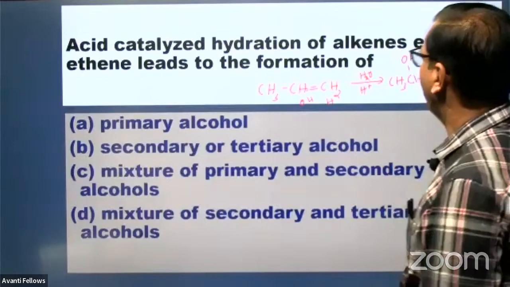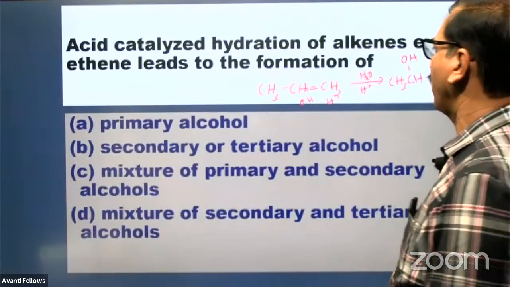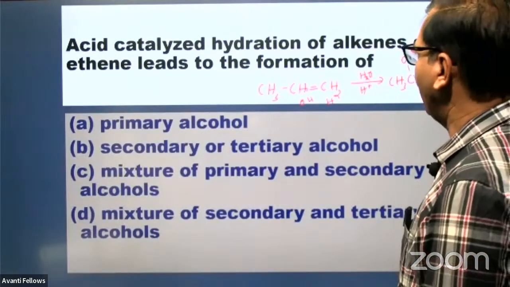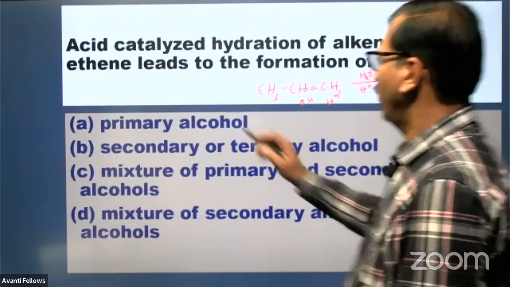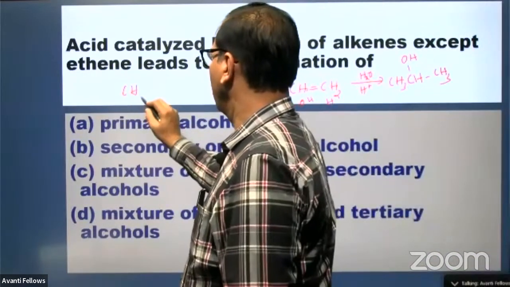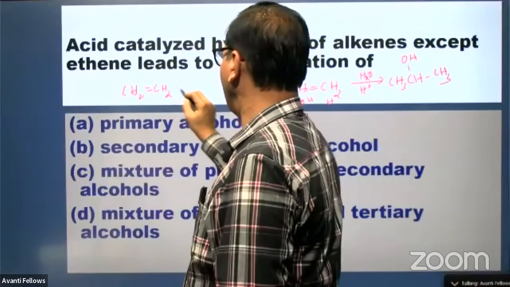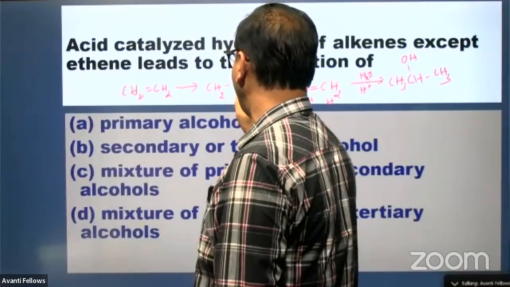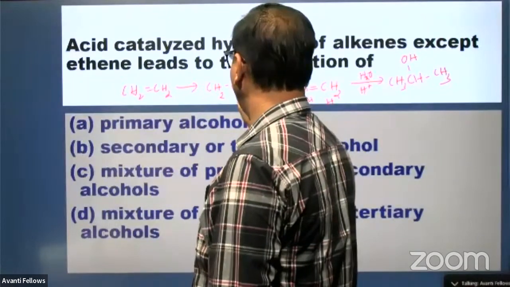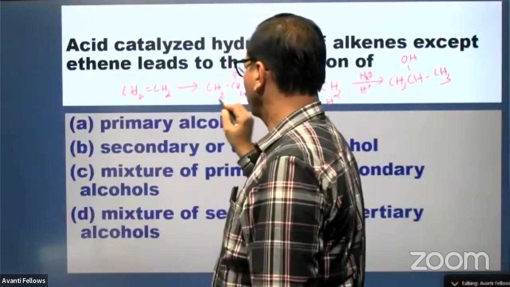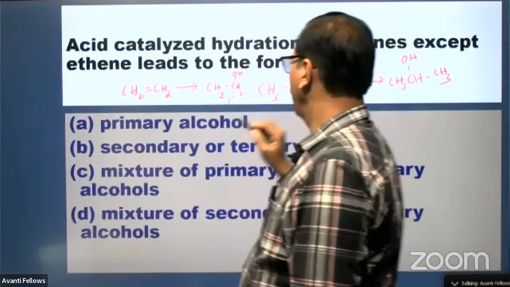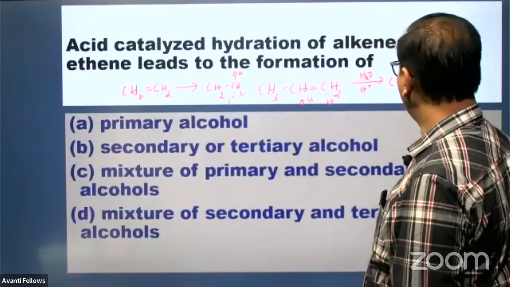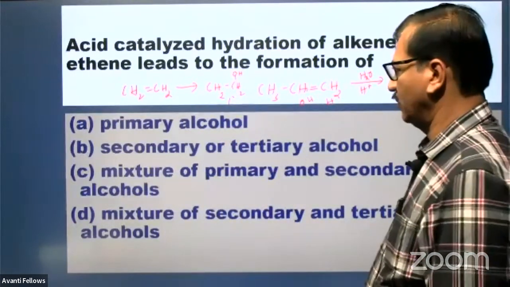Acid catalyzed hydration of alkene except ethene. For ethene, CH2, when H2O is added, H should be added to one carbon atom and OH to the other carbon atom, so it becomes primary only. For propene, it should be secondary.